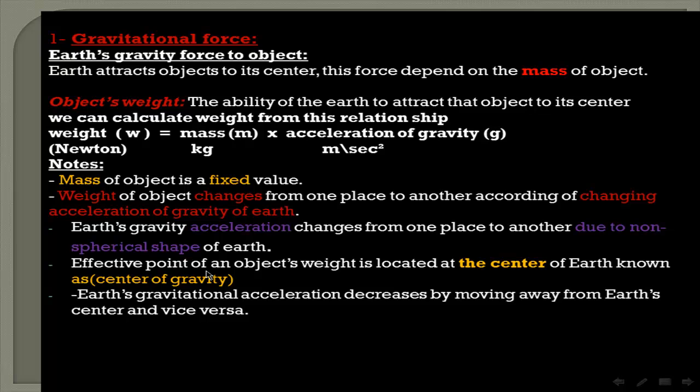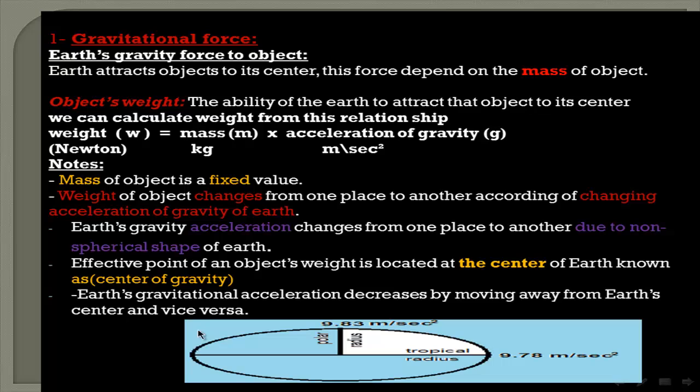As we said again, the effective point of an object's weight on Earth is at its center and called center of gravity. Gravitational acceleration decreases by moving away from Earth's center and vice versa.